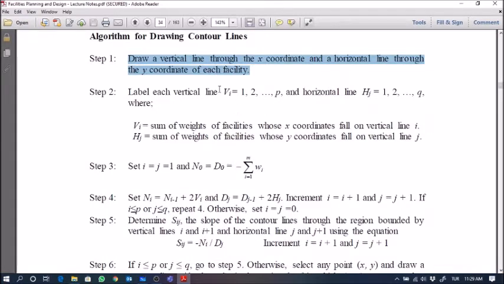Our algorithm says to label each vertical line Vi from 1 up to P, and each horizontal line Hj from 1 up to Q, where Vi is the sum of the weights of facilities whose x-coordinates fall on the vertical line i, and Hj is the sum of the weights of facilities whose y-coordinates fall on the horizontal line j.